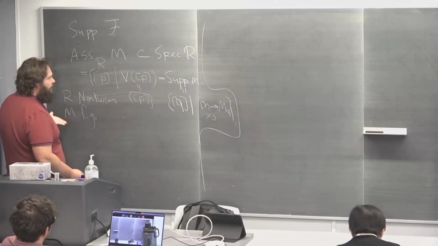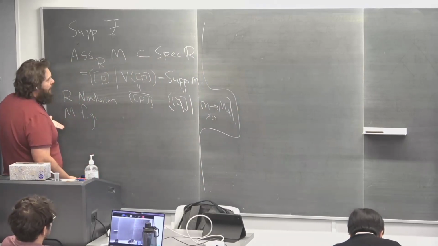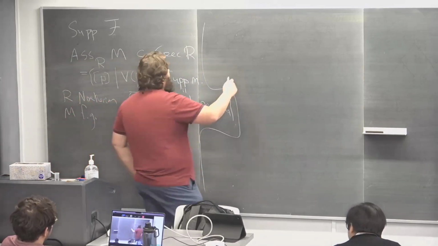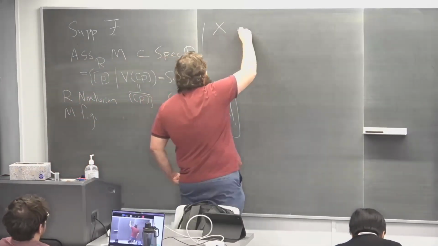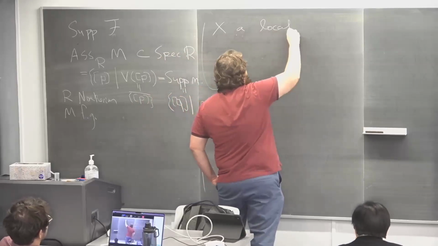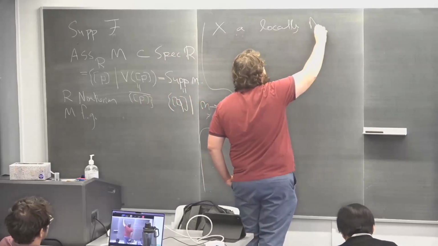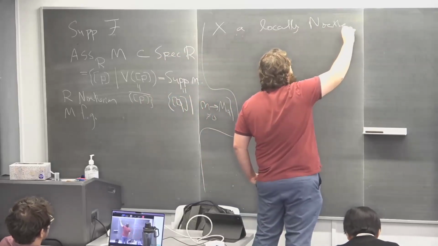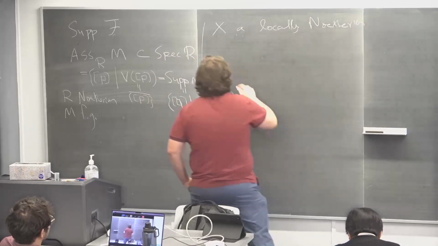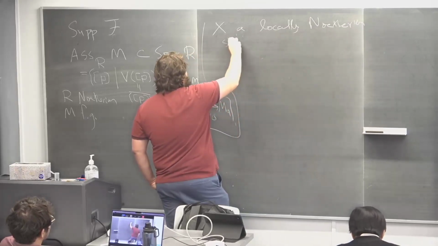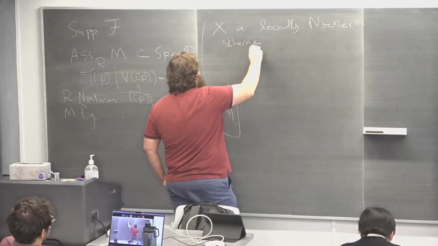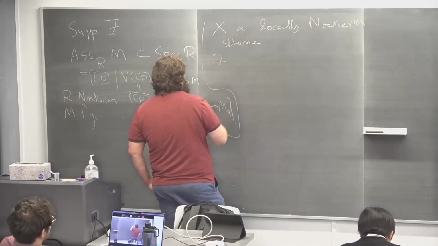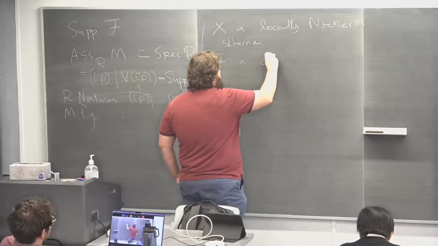So there are natural replacements for these in algebraic geometry. So now I'll want to consider X a locally Noetherian scheme, and F a coherent sheaf.